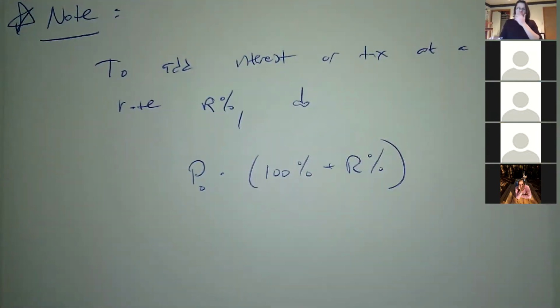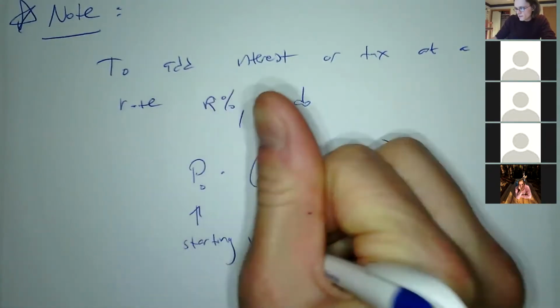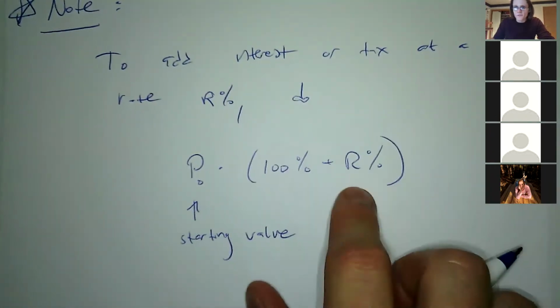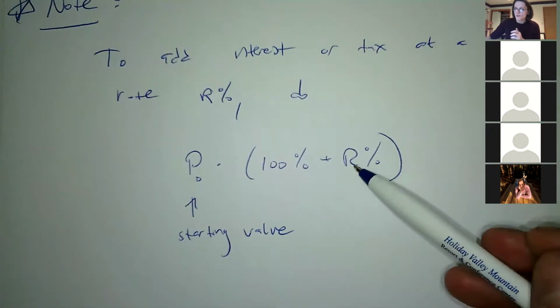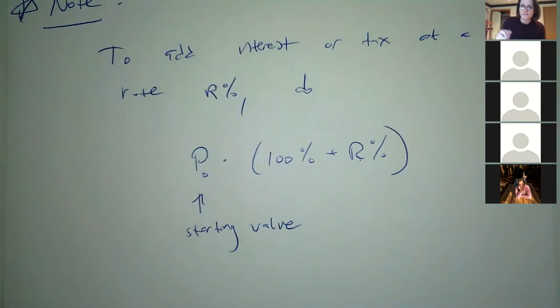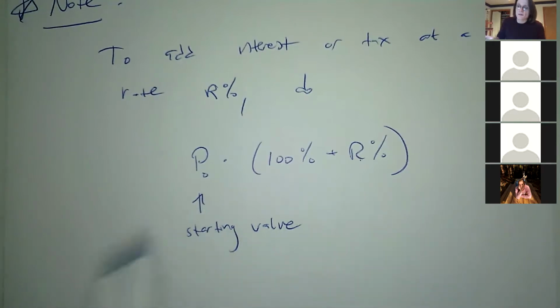This is your starting value, this is 100%, and this is the rate I want to add, like the tax or the interest. You do 100 plus the rate as percents, and then multiply it times your starting value, and that will give you the new value after you added the tax or the interest rate.